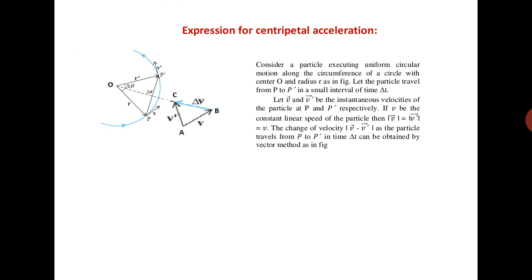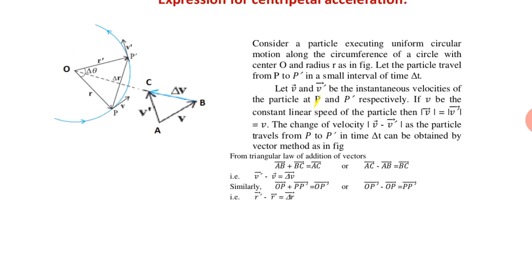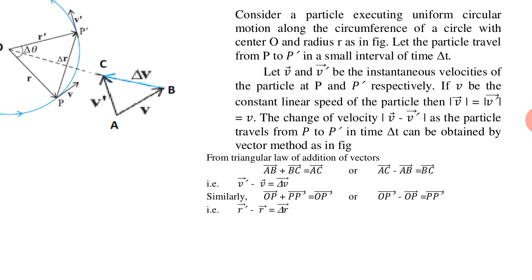Okay, so now see here, from the triangle law of addition of two vectors, vector AB plus vector BC equal to vector AC, or vector BC equal to vector AC minus vector AB.